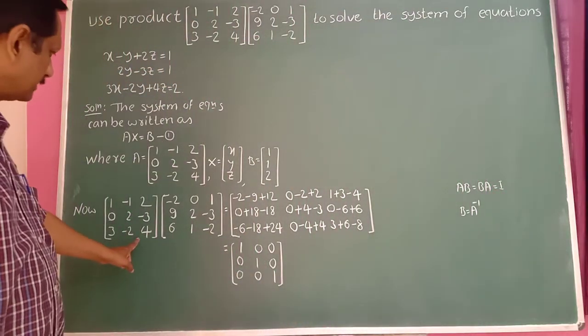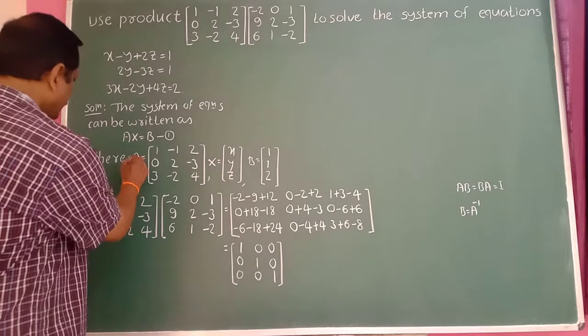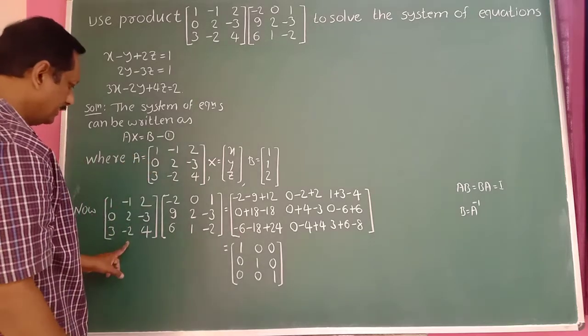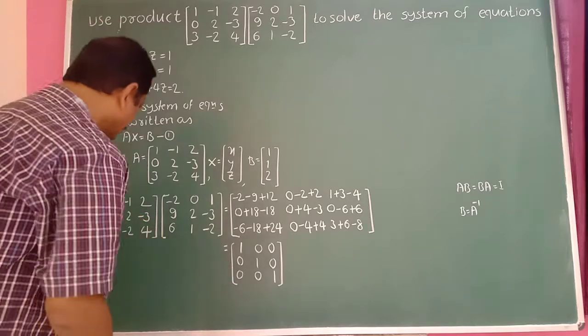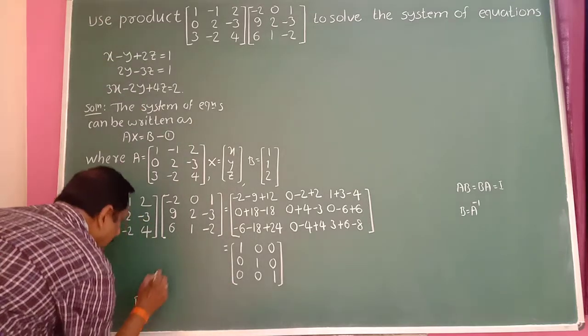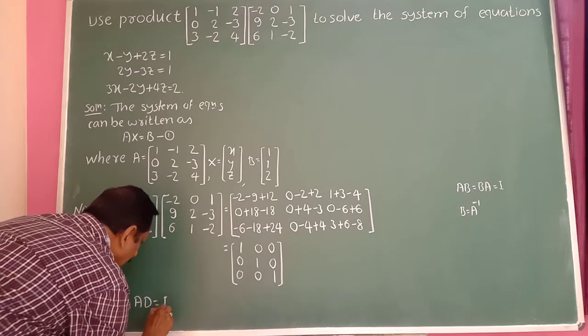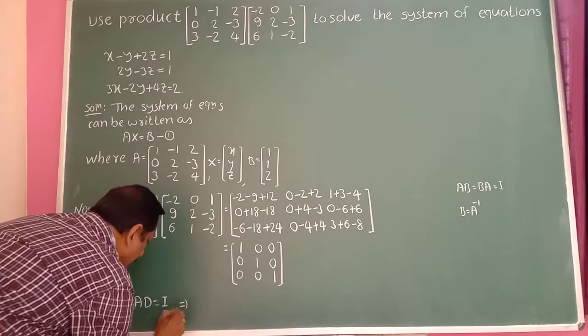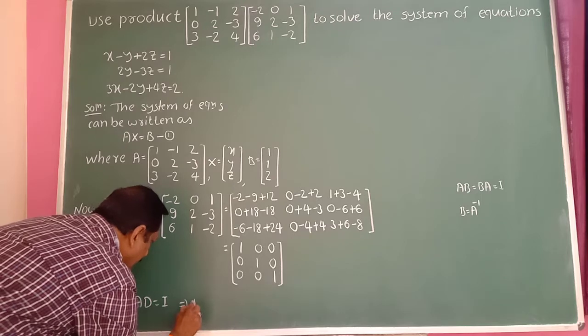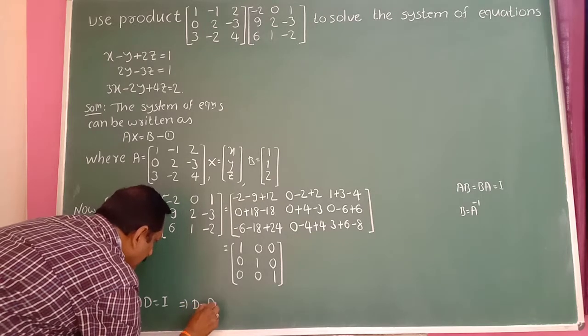Therefore, just take that result here. Here is the matrix here. Just take A into D is equal to I here. A into, consider this matrix as the D here. D is equal to I. Therefore, this implies here D is equal to A inverse.